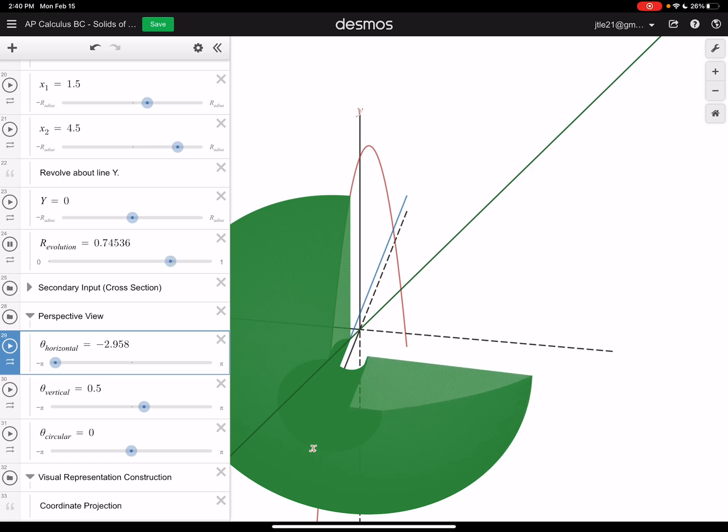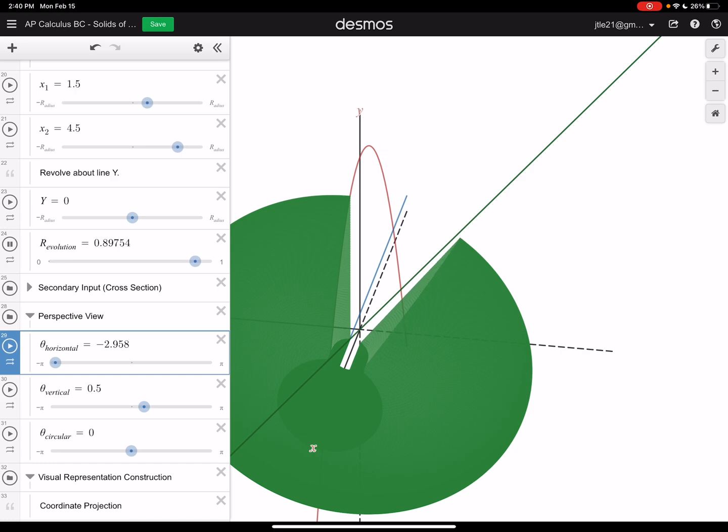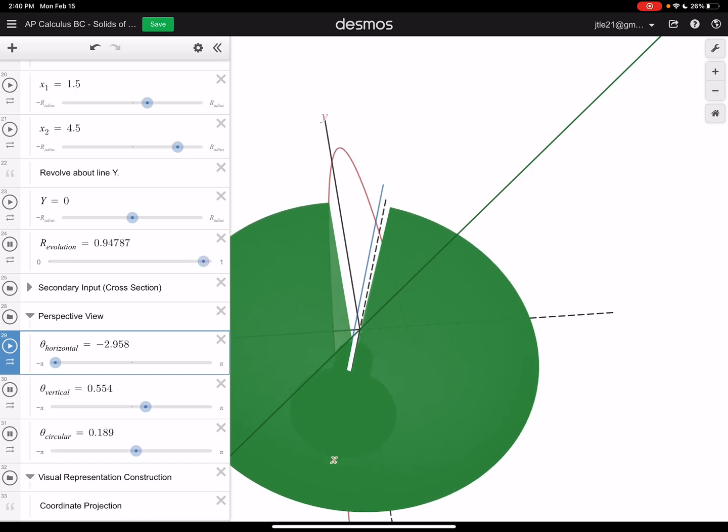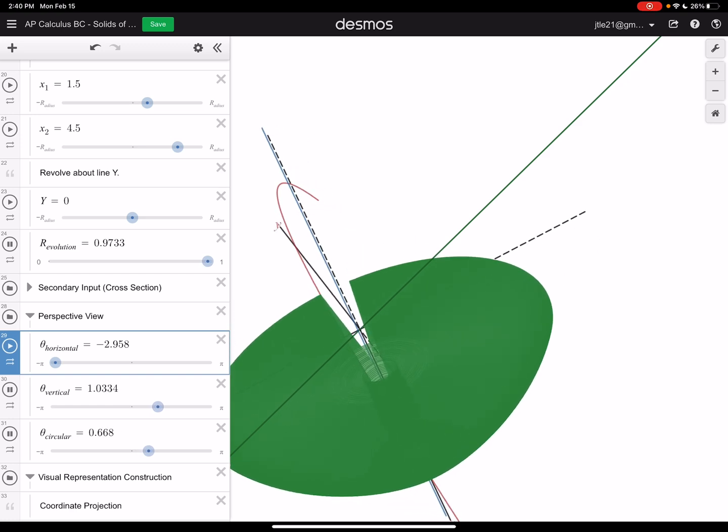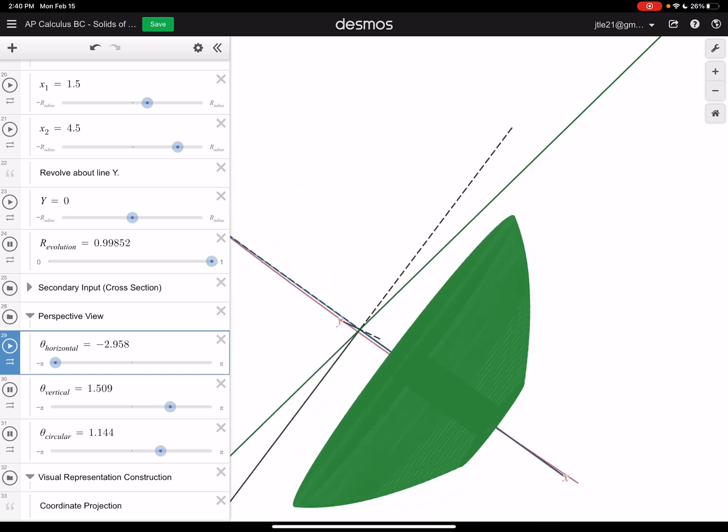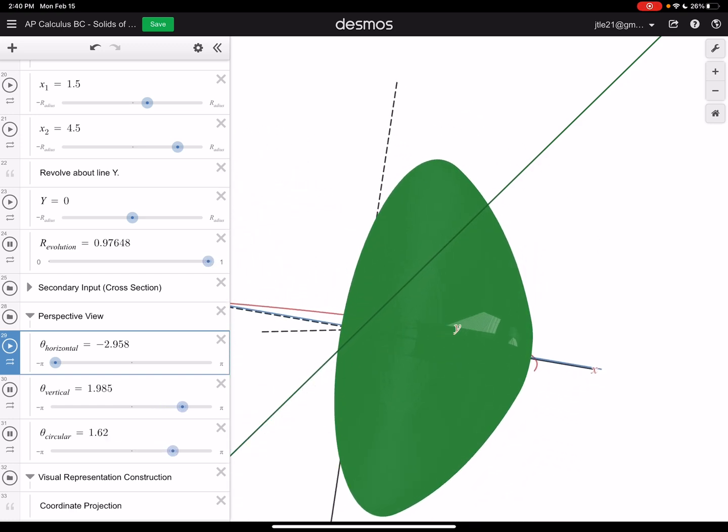So you have like millions and millions of discs that are super thin, like CDs, and you're wrapping it all the way through, creating these discs, okay? And you're adding it all up at the same time. And I'm only doing this because it's just super cool because you're rotating in every direction. But anyways, hopefully you guys are getting a picture of this.